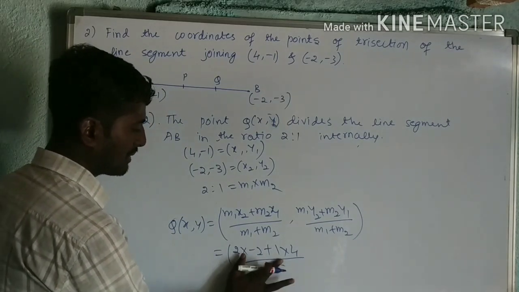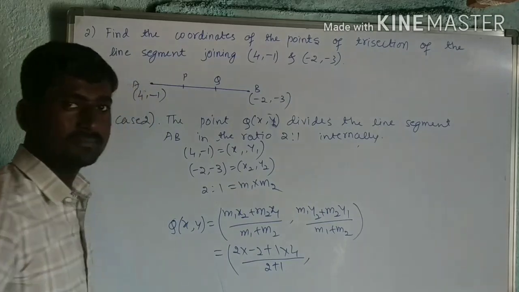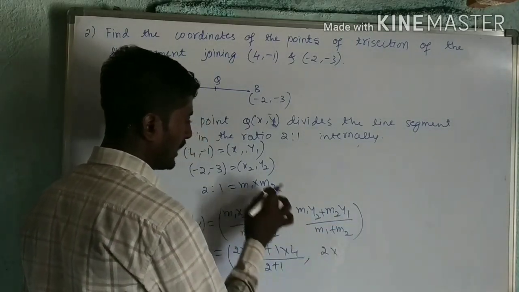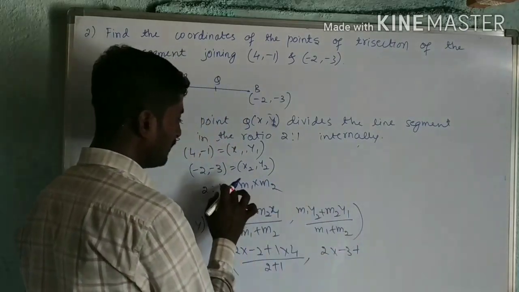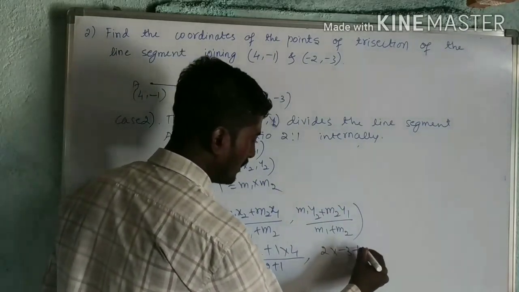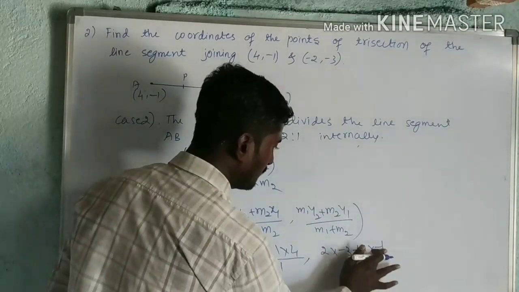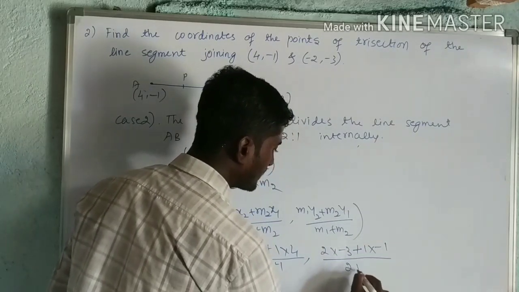Both are the same. Comma, M1 y2, M1 is 2, y2 is minus 3, plus M2, 1 into y1, y1 is minus 1, divided by 2 plus 1.